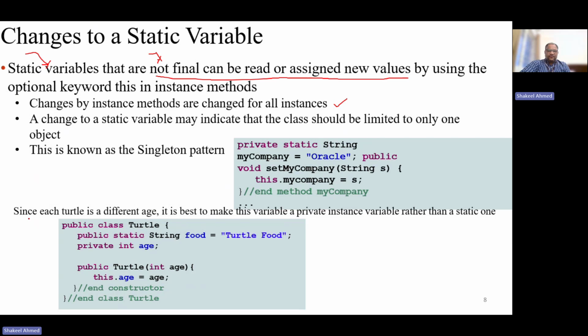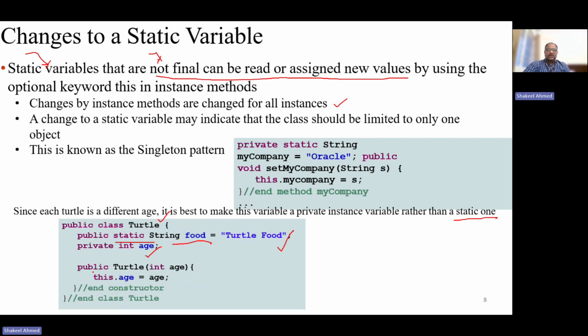Further, if I say here for an example, since each turtle is a different age, it is best to make this variable a private instance variable rather than a static one. So you can see here that we are declaring a public class Turtle, and we have here public static string food equal to turtle food. Similarly, we make one more variable as a member, private integer age.